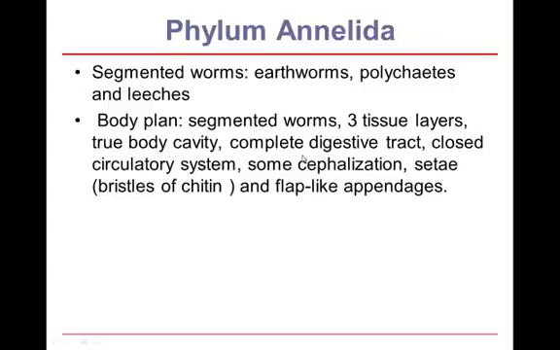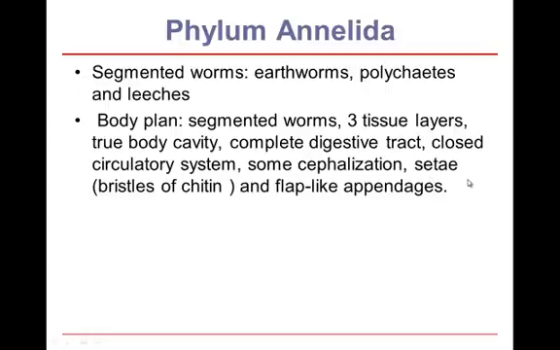The annelids also have a complete digestive tract, a separate mouth and anus. They have a closed circulatory system, which means that their blood runs in vessels, so they can have some blood pressure, allows them to be fairly mobile. We see some cephalization, more in some groups than in others.